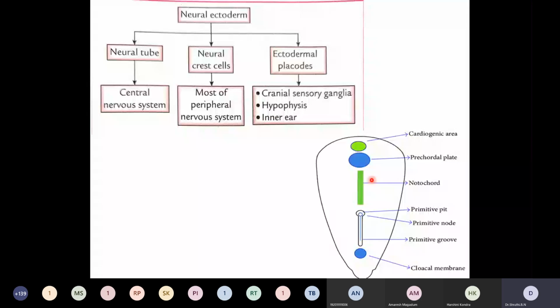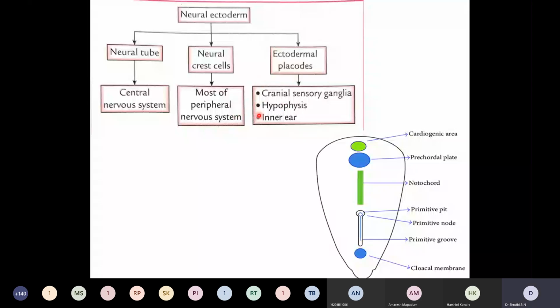Then it differentiates into neural tube, neural crest cells and the ectodermal placodes. We'll see now how the neural tube is formed and what are the structures which we are going to get from all these three derivatives of the neuroectoderm. Okay.